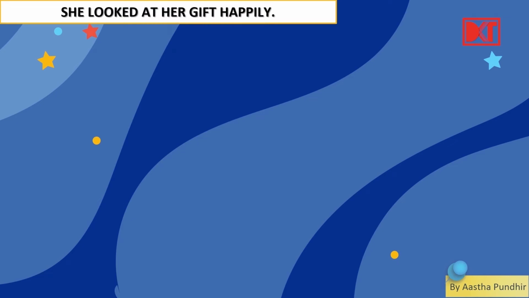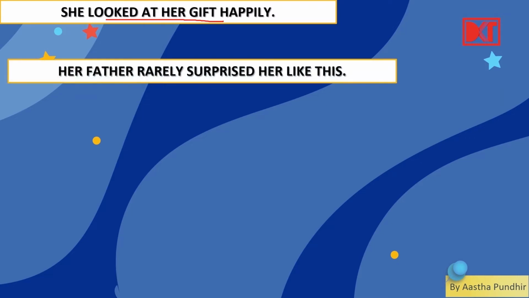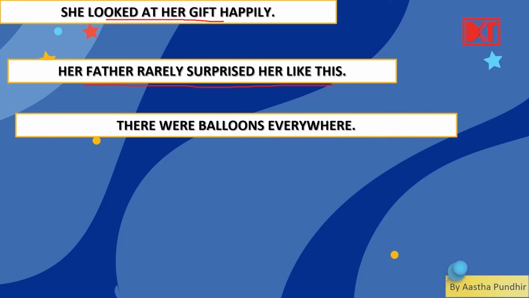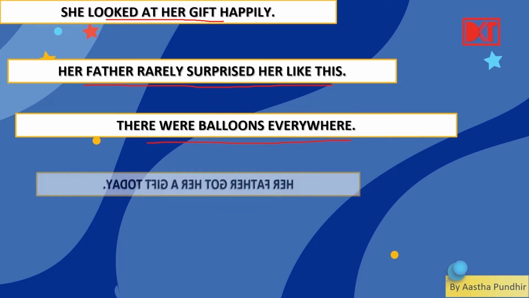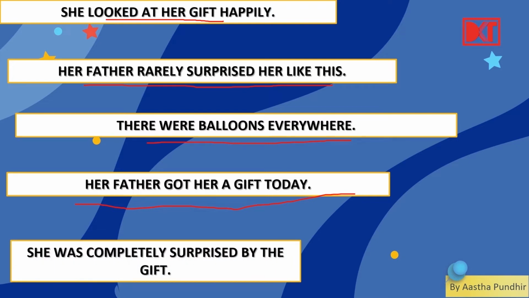The first sentence was, she looked at her gift happily. Then the next one said, her father rarely surprised her like this. Third one was, there were balloons everywhere. Then, her father got her a gift today. The last one said, she was completely surprised by the gift.